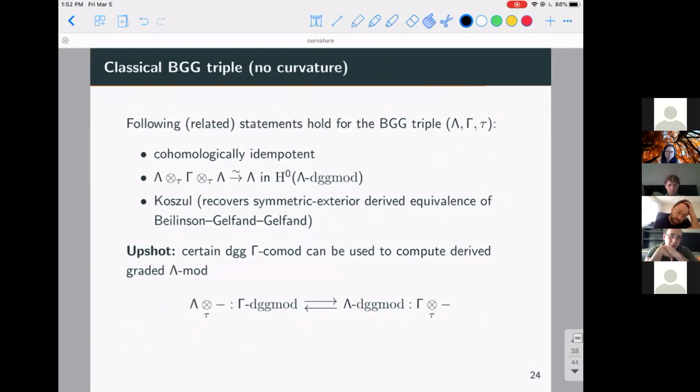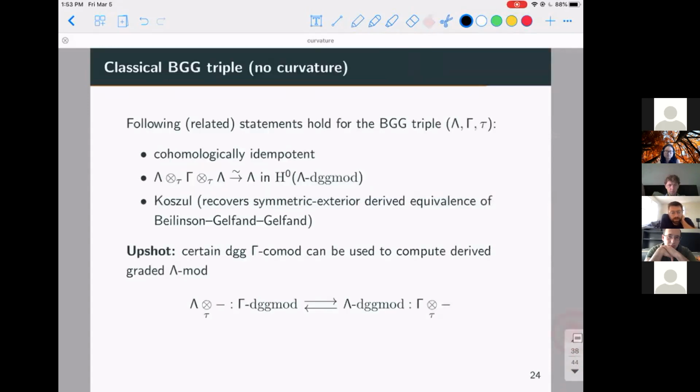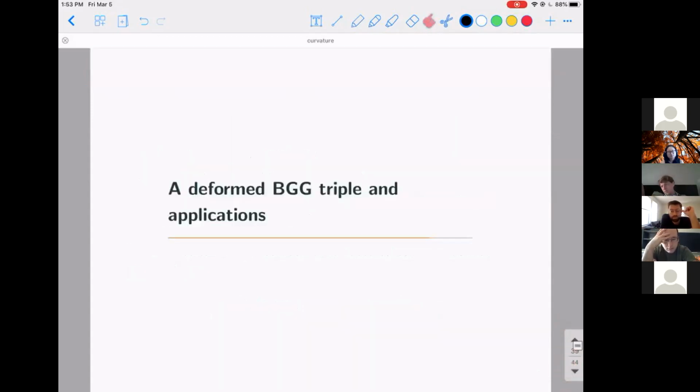Okay, so this is what I was saying before. So far in this BGG story with an exterior algebra and the dual of a symmetric algebra, there was no curvature.